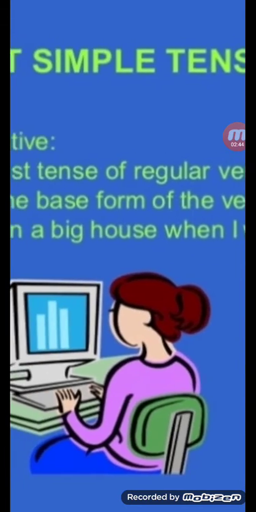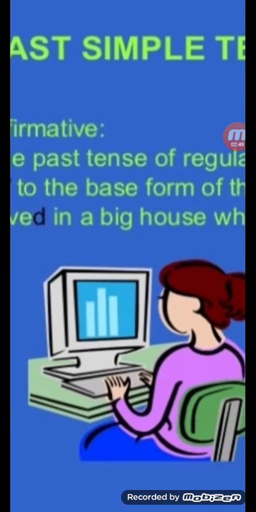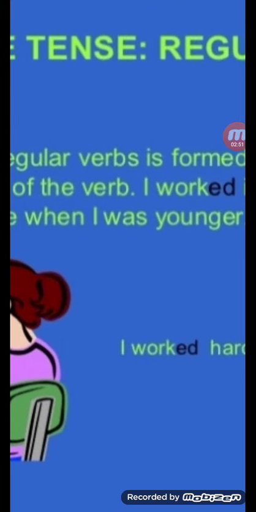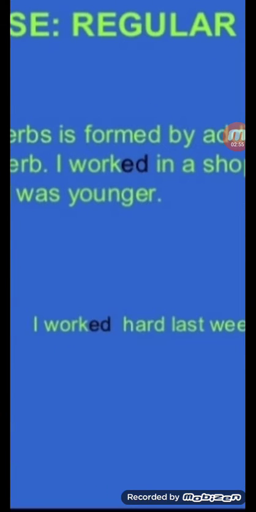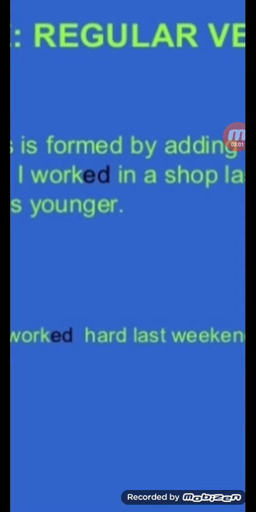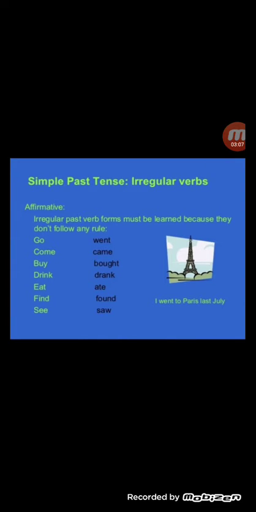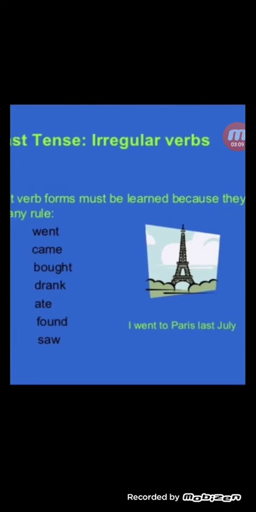Ed has been added here, and similarly we have added d with the first form of the verb, that is called the second form of the verb or past form. I worked hard last week. So with the application of firstly the subject, second form of the verb, and then the rest of the sentence will be formed. Moving forward, let's discuss some of the irregular verbs.